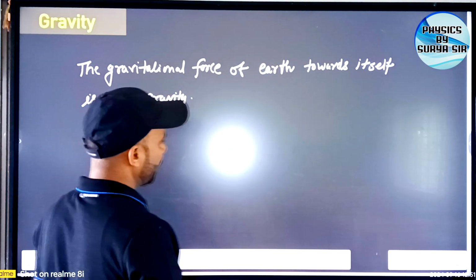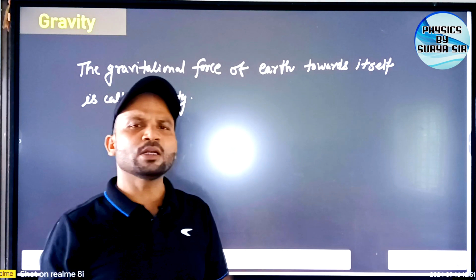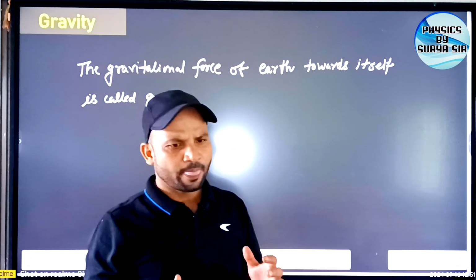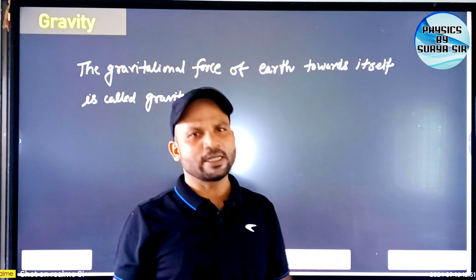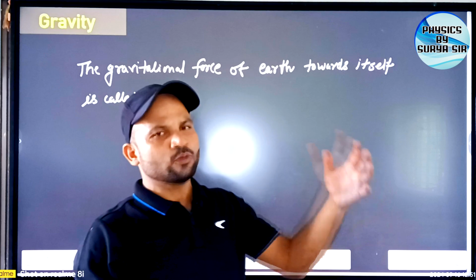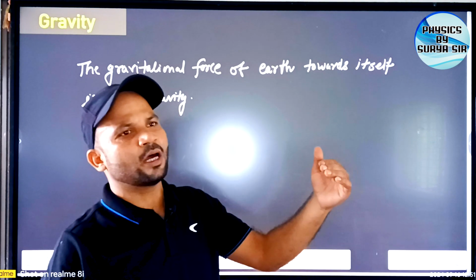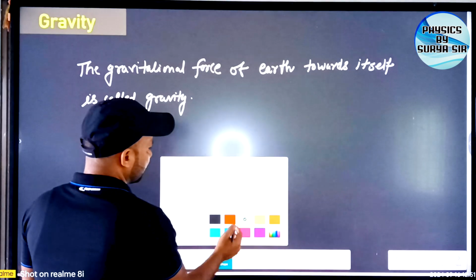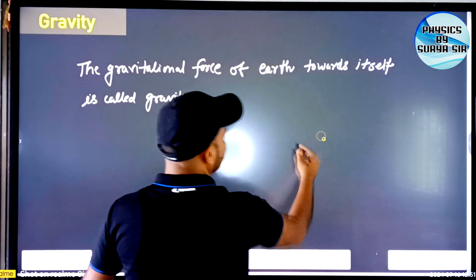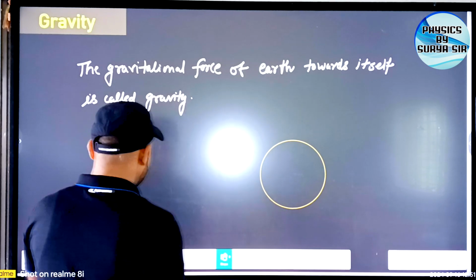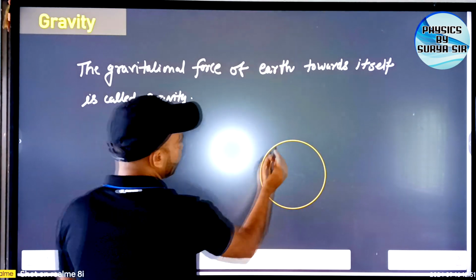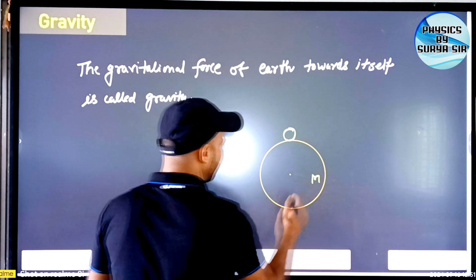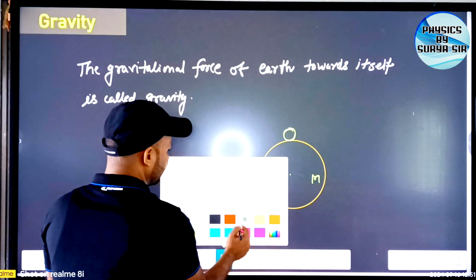When we learn Newton's third law, we see that there is action and reaction. If one object attracts another object, then the other object also attracts the first. In the same way, suppose this is our earth, with mass capital M and radius R, and any object of mass small m is placed here.